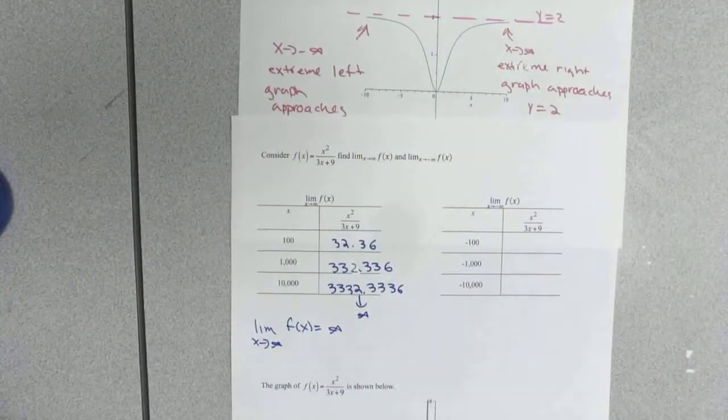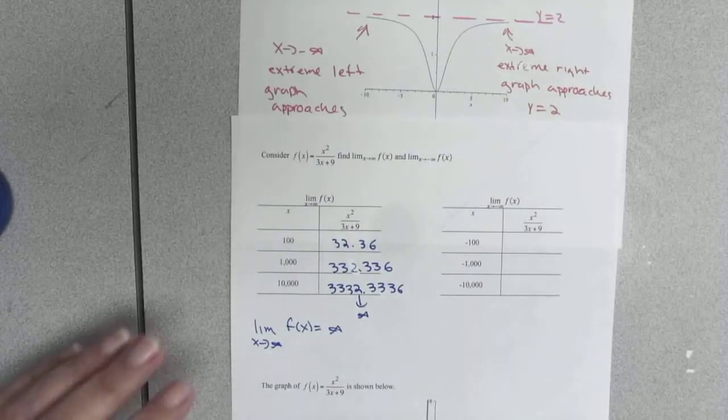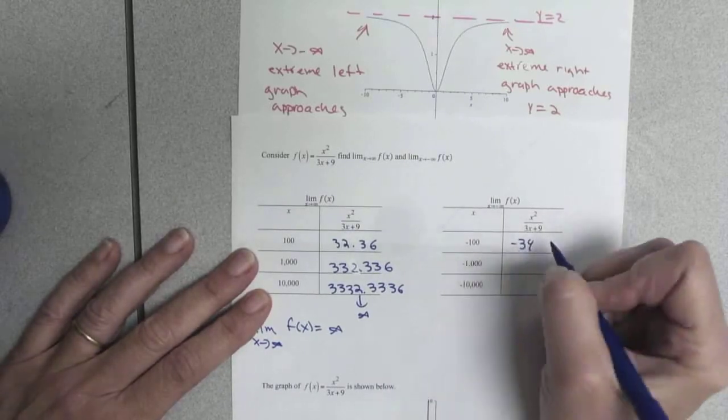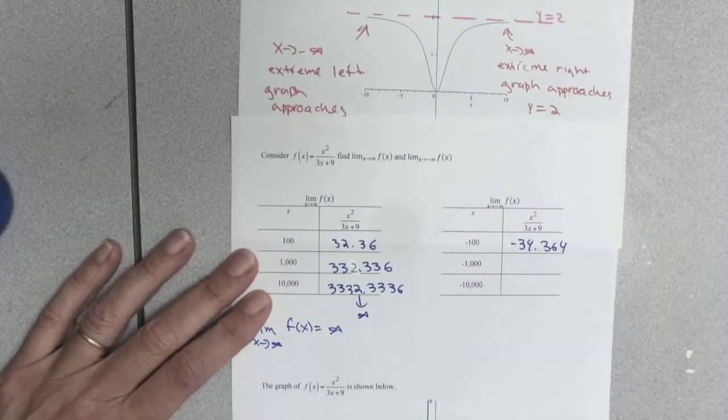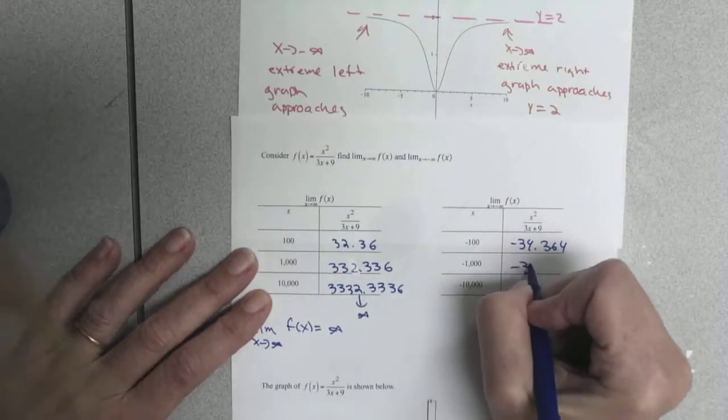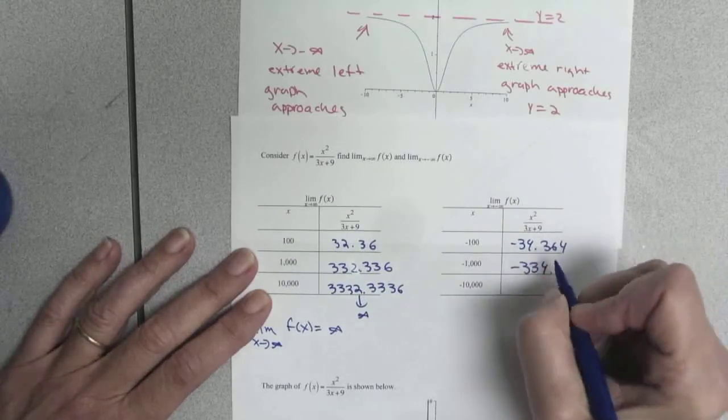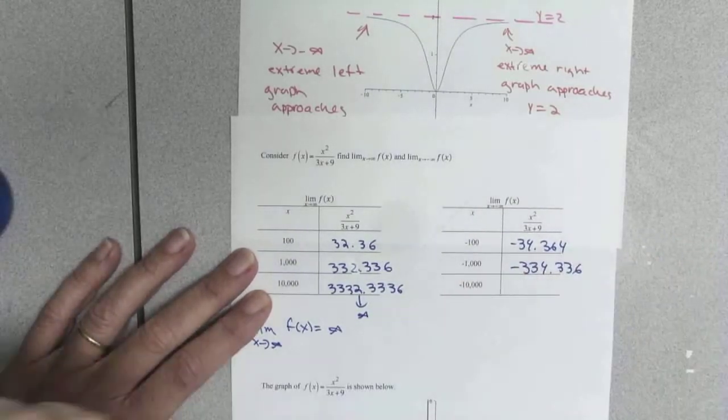And doing the same thing over on the next one. Plugging in -100, we get -34.364. Plugging in -1,000, we get -334.336.